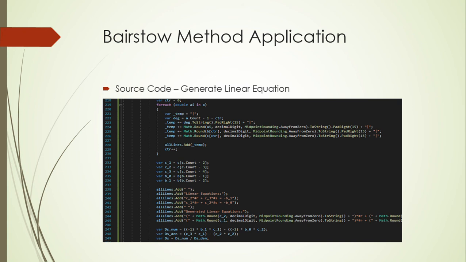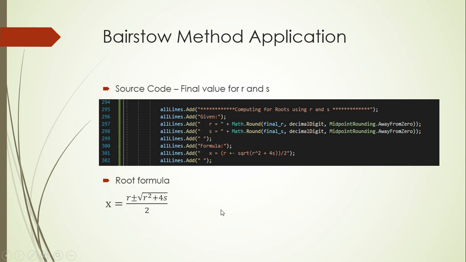We can also see here the generated linear equations, these are the formulas. Now, after the iteration stops, we have the final values for R and S. These values are used to compute the roots using the root formula, which is x is equal to r plus and minus the square root of r squared plus 4s, all over 2.